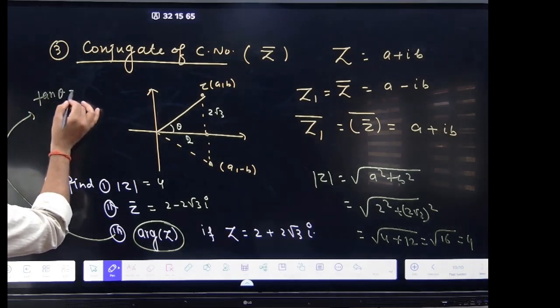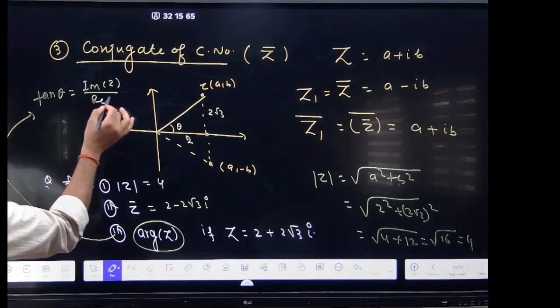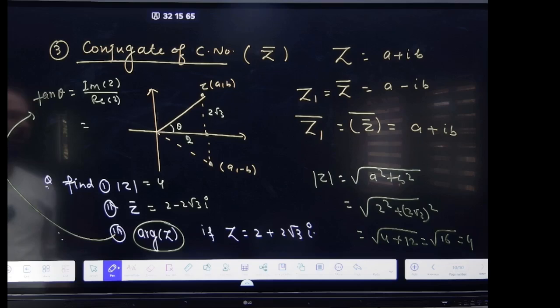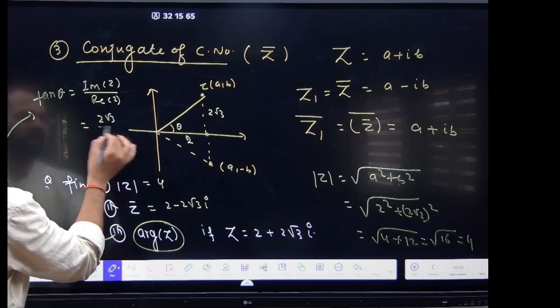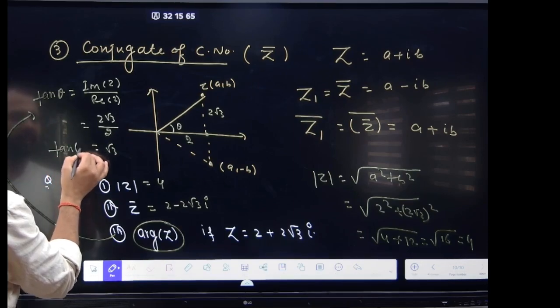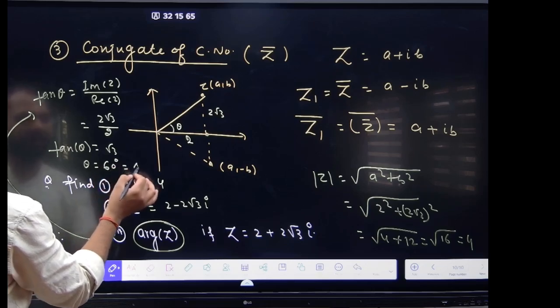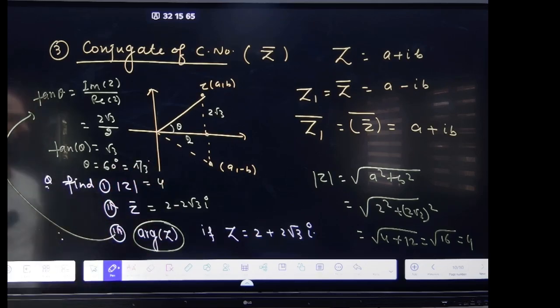What is tan theta? Imaginary part of z divided by real part of z, which is 2 root 3 by 2. So tan theta is root 3, theta will be 60 degrees, that is pi by 3. The angle you see is pi by 3, correct?